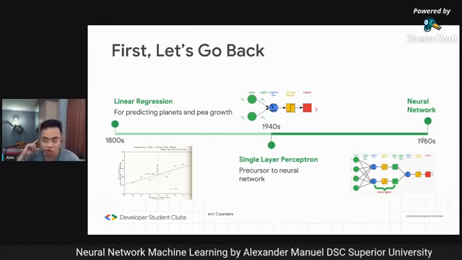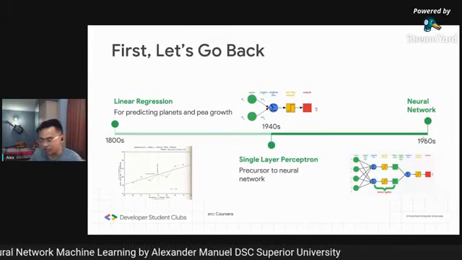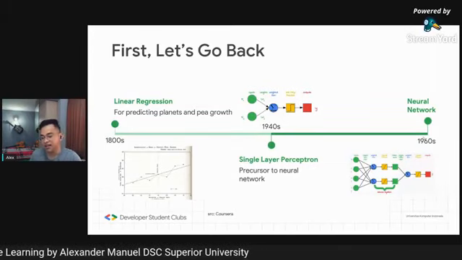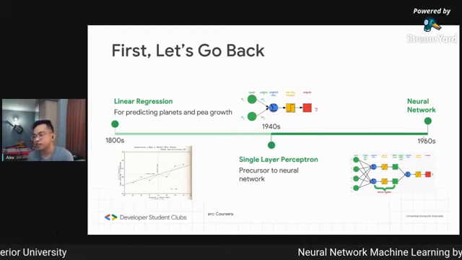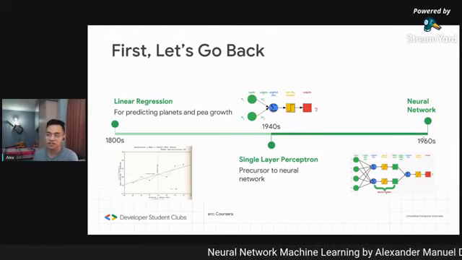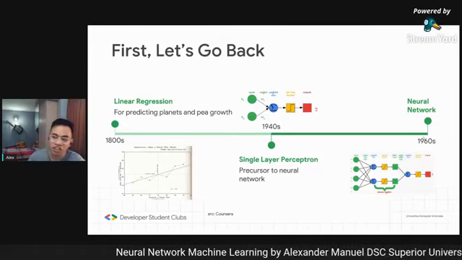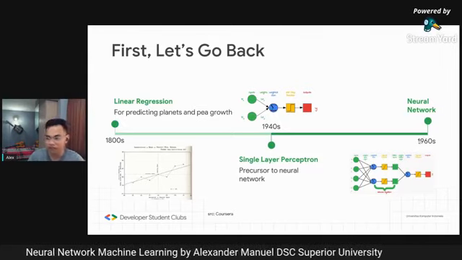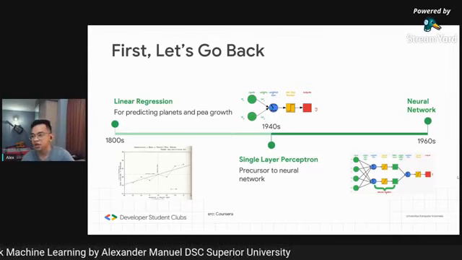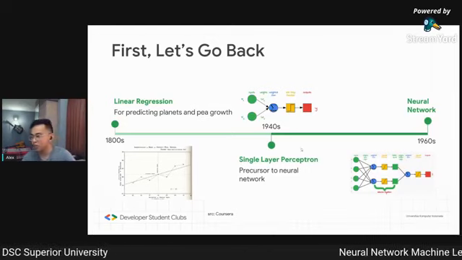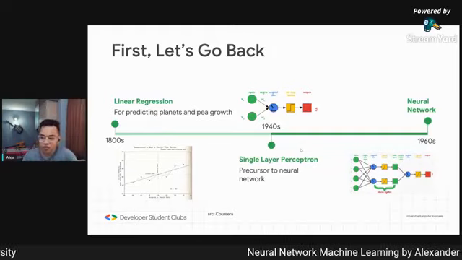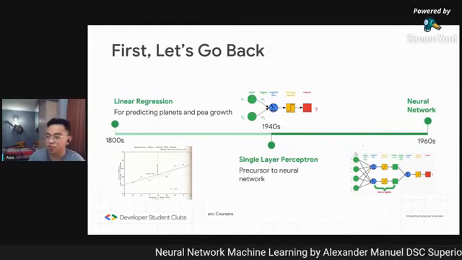It could do something like today, but the lack of data and the lack of computer power made machine learning unable to thrive in that year. So we are very, very lucky to live in this kind of year where we can have machine learning with computer power.